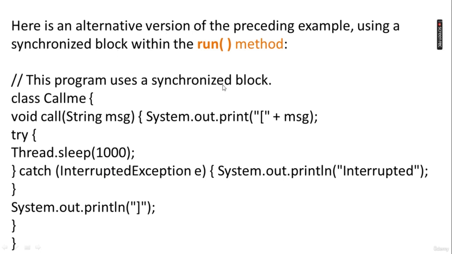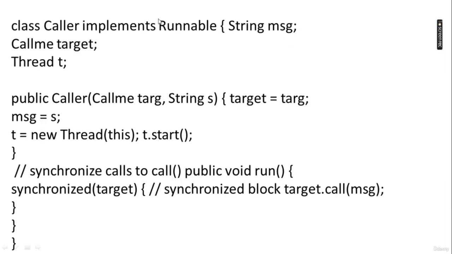Alternative version of the preceding example. Callme: public void call(String message), System.out.print(message), and then a 1 second sleep. Caller implements Runnable. The Runnable interface has been implemented. Callme target, a thread object is created. The thread object is instantiated in the parameterized constructor, and synchronized calls to call.